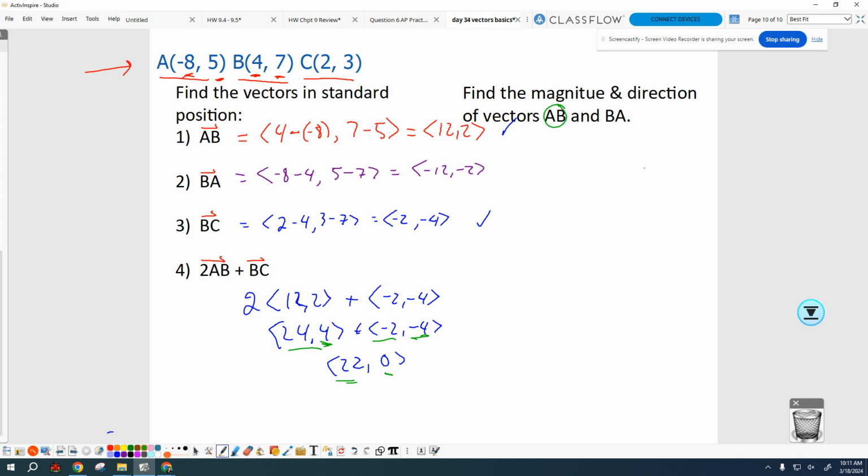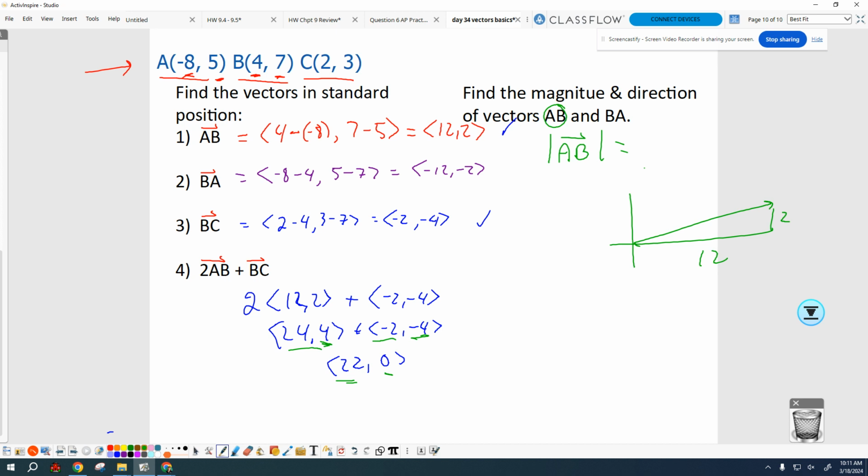Mia, how do I find the magnitude of AB? If I drew this, the way we draw vectors, we draw it from the origin going to the endpoint.